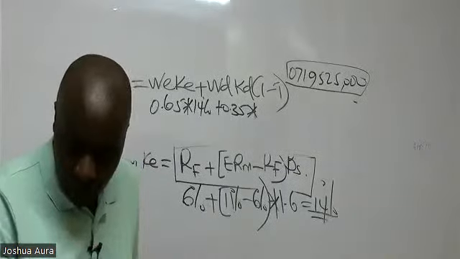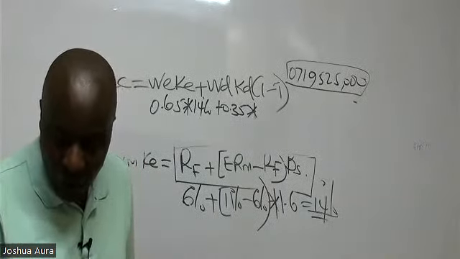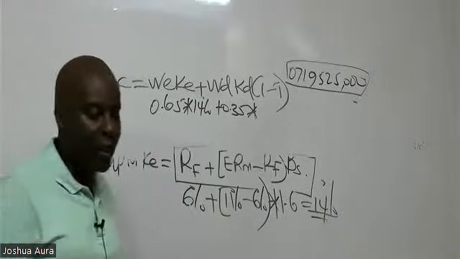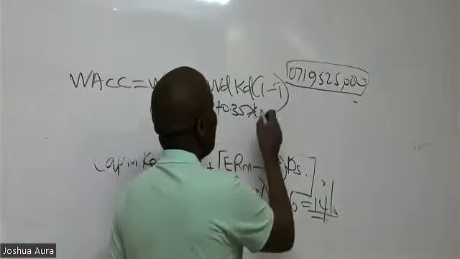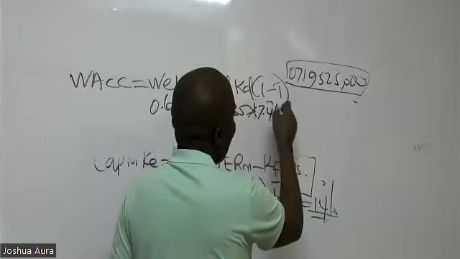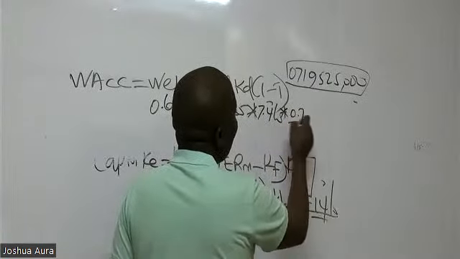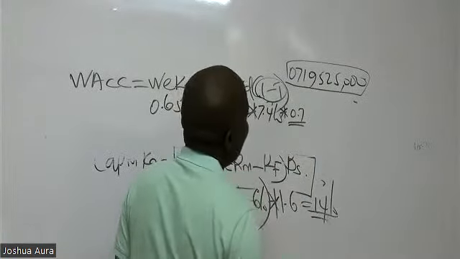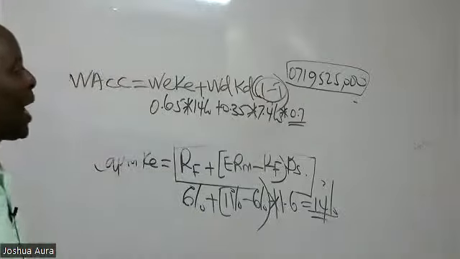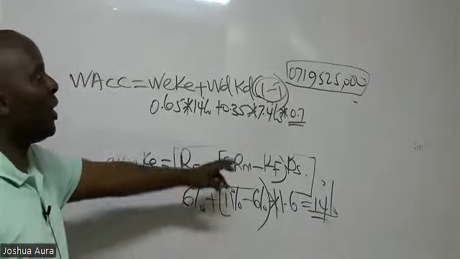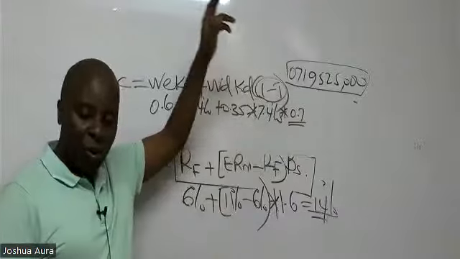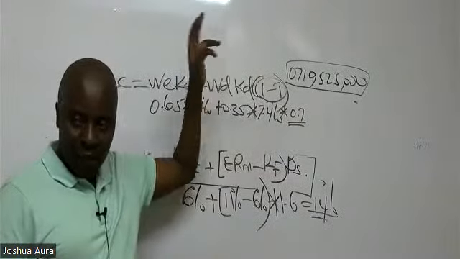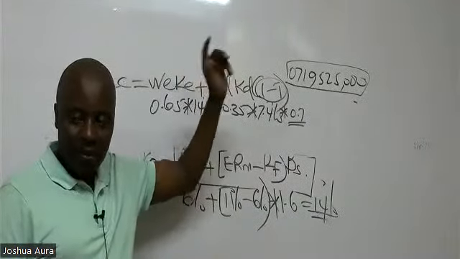In the last paragraph, they've given us a cost of debt of 7.4% before tax. It means I must adjust it for tax by multiplying this 7.4 with 0.7 that we got earlier on.